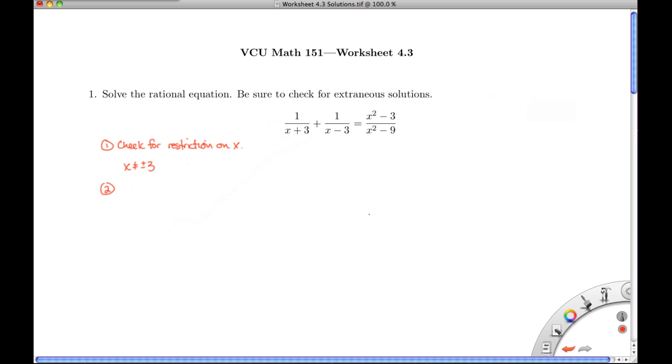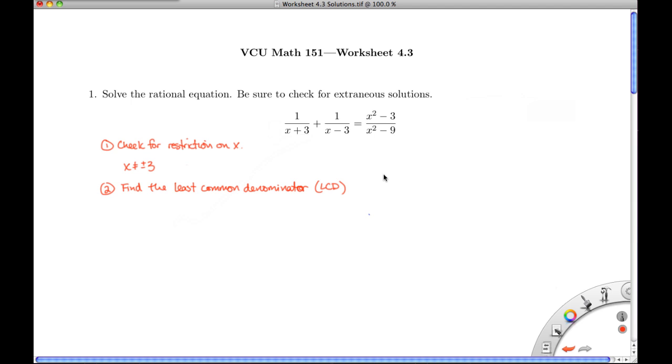In beginning to solve this equation, we're going to want to find a least common denominator. And from here on out, I'm just going to refer to this as the LCD.